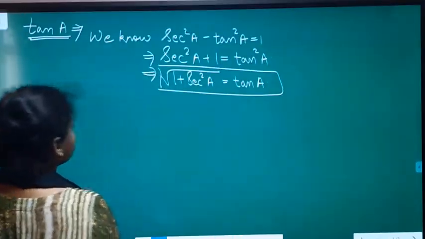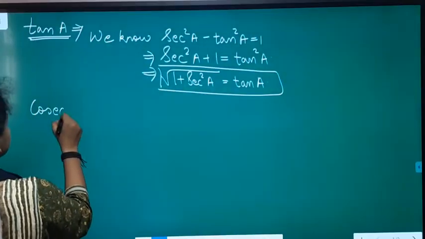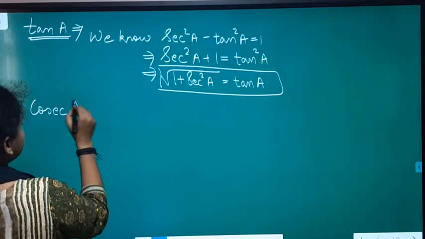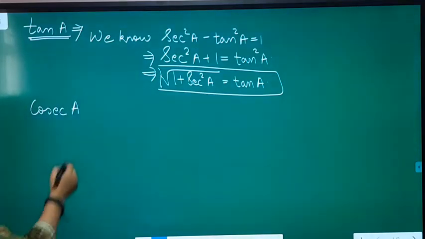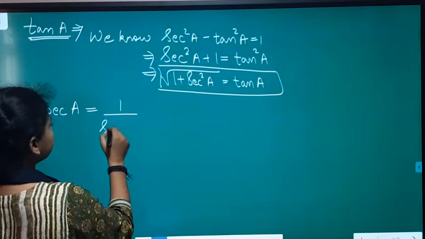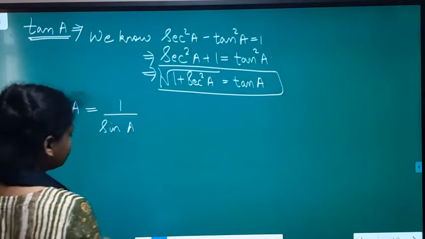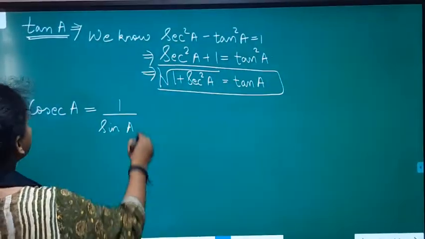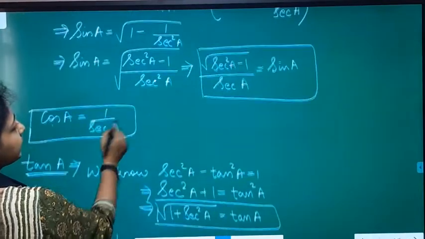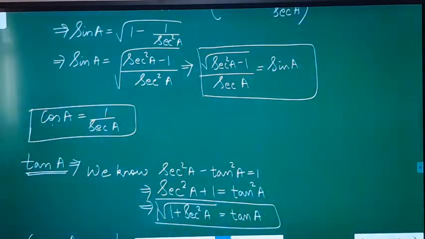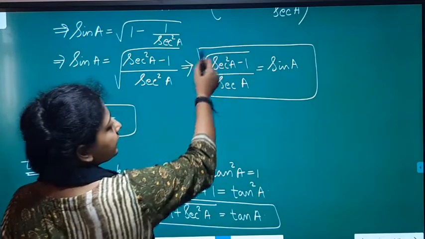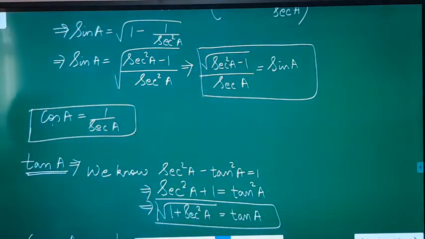Next, for cosec. Cosec A. We know cosec is the reciprocal of sin A. Okay, cosec is the reciprocal of sin, and here we have expressed sin in terms of sec. So if we just take the reciprocal of this entire value, we'll get the value of cosec.